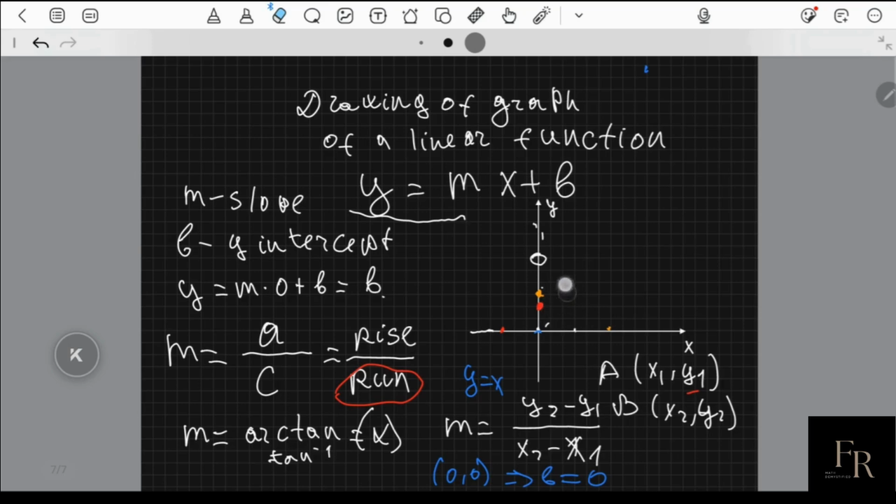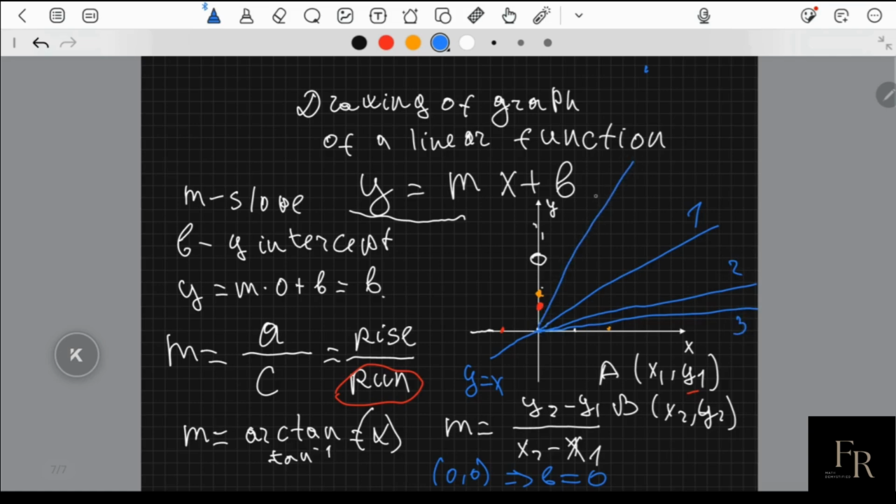So I will draw several lines, and I want to find where the slope is bigger. So this is second line, this is third line. Let's say this is fourth line, this is fifth line. And let's say our first line is y equals x. What do you think the slope of y equals x is?